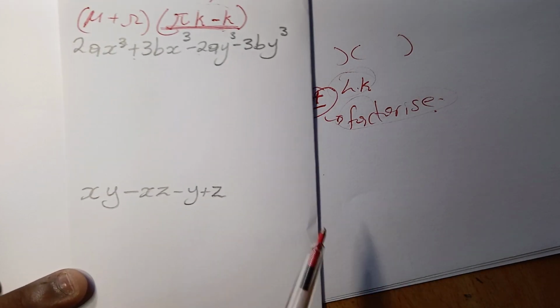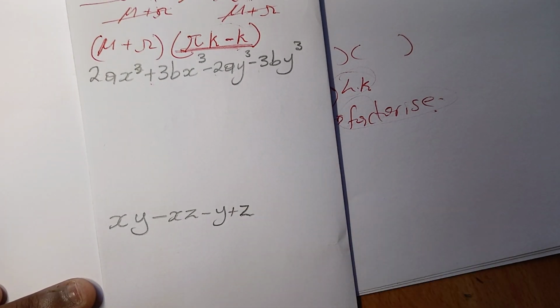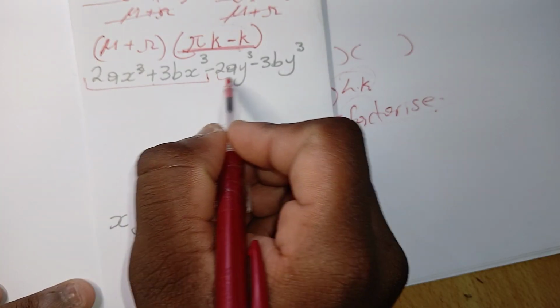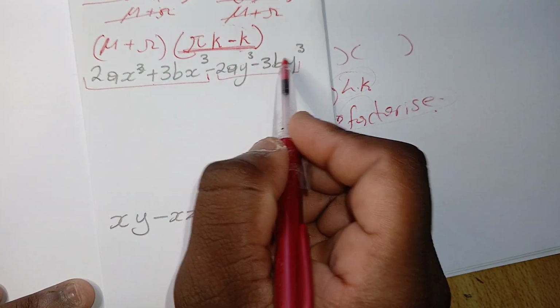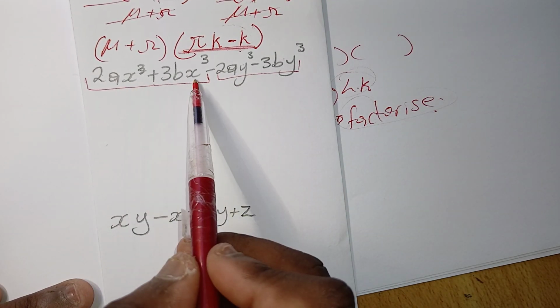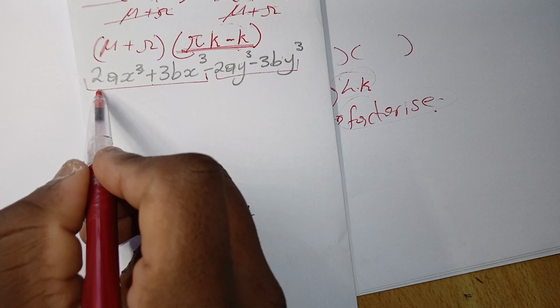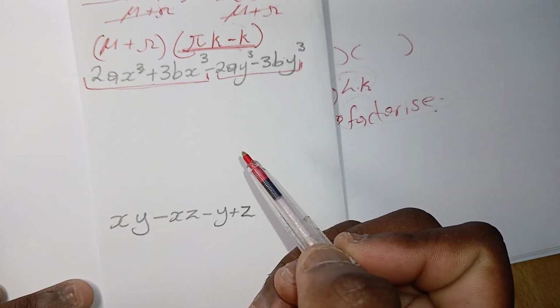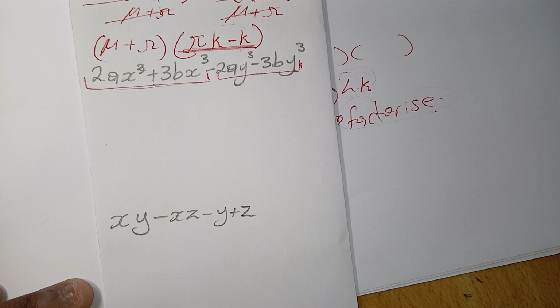So when we factorize this, you can see that here we got 4 terms: 1, 2, 3, 4. And if we got 4 terms, we must apply grouping, meaning that we must group these two and also group these two. And when you group, you take the common factor.